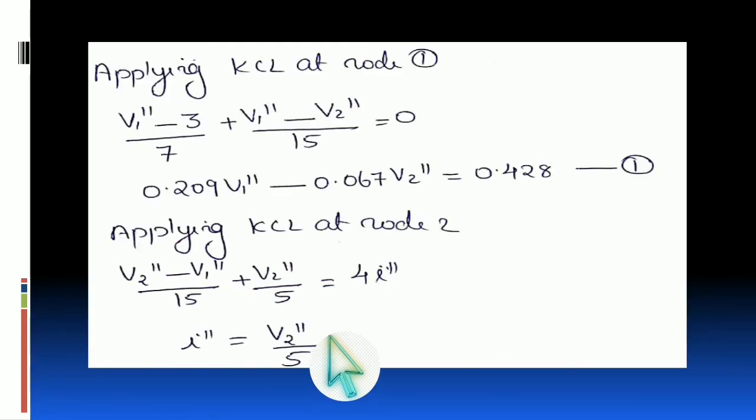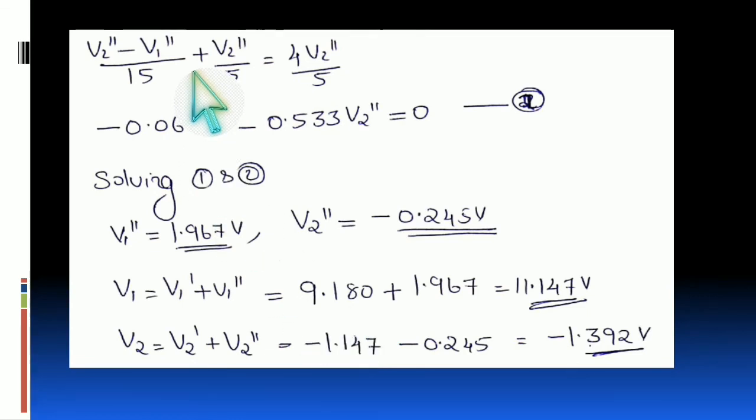By substituting this value, we get V2 double dash minus V1 double dash by 15 plus V2 double dash by 5 is equal to 4 V2 double dash by 5. By rearranging, we get 0.067 V1 double dash minus 0.533 V2 double dash is equal to 0, and it is labeled as equation number 2.